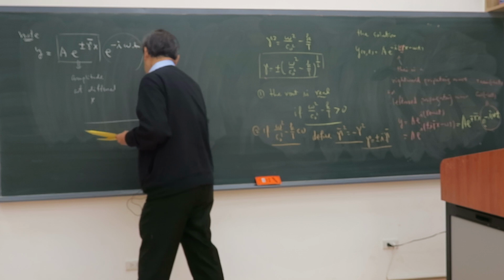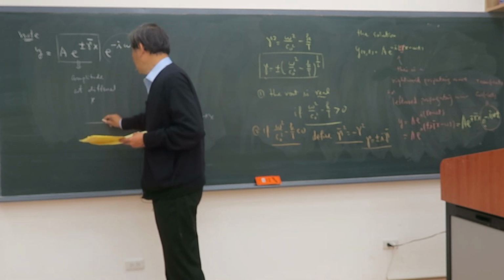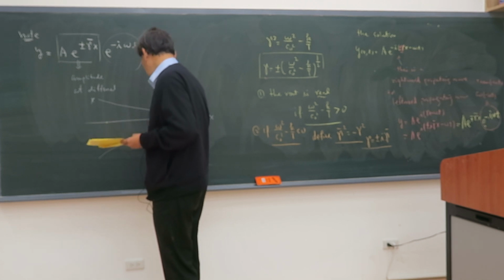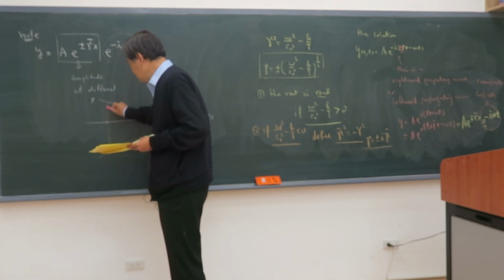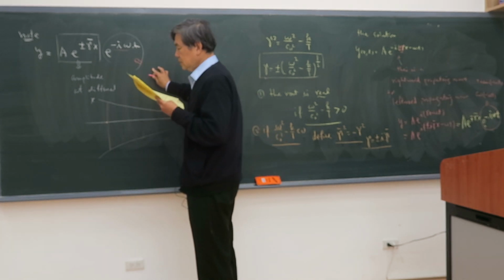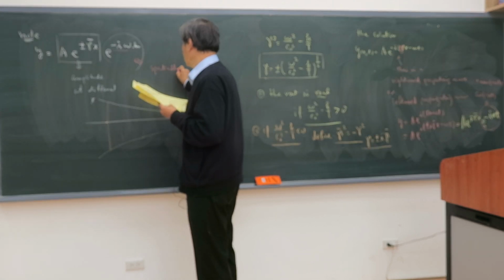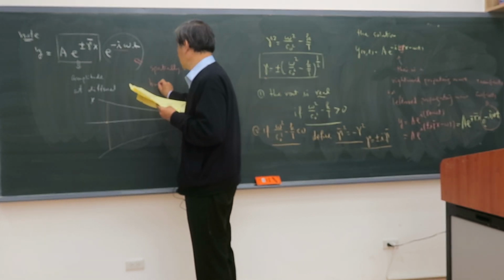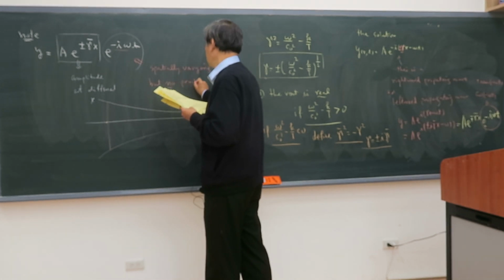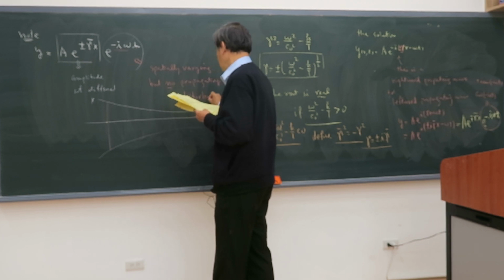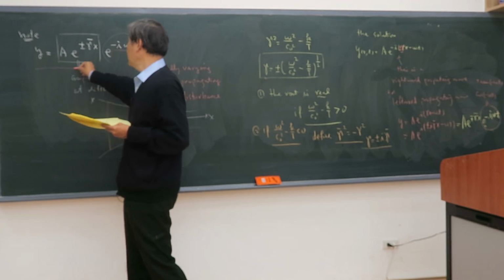Each node will have its own amplitude, bounded like this, and it just oscillates, sine and cosine. So this is spatially varying but no propagating disturbance. This is for the imaginary solution.